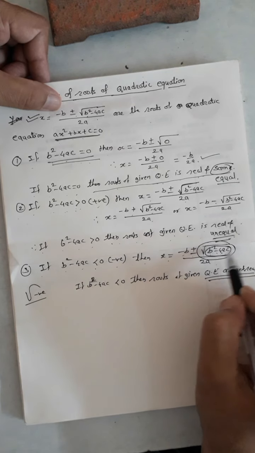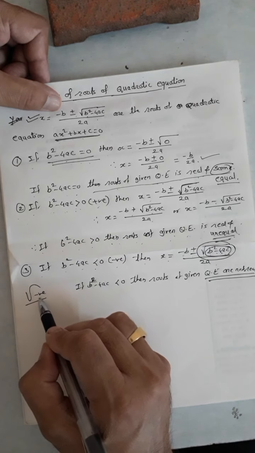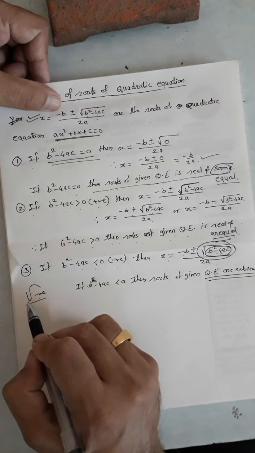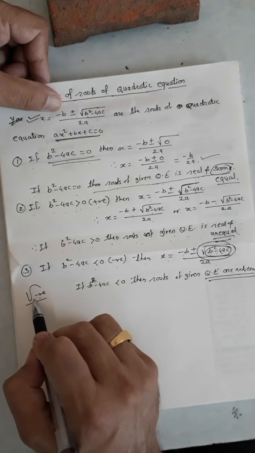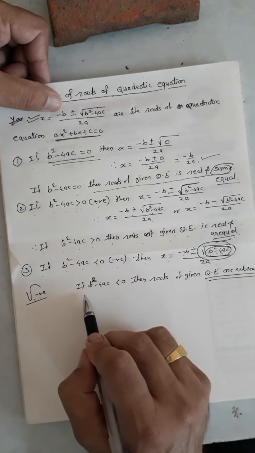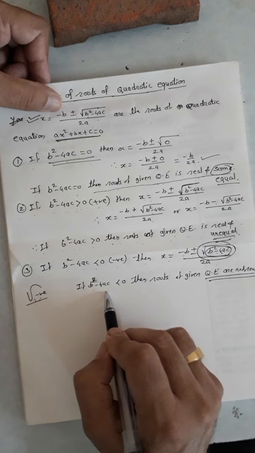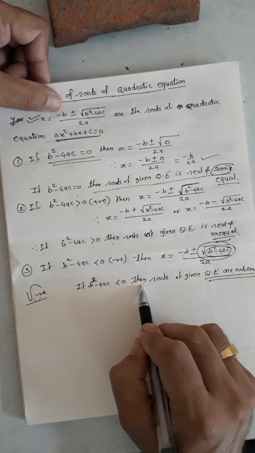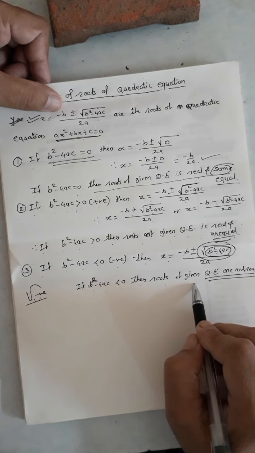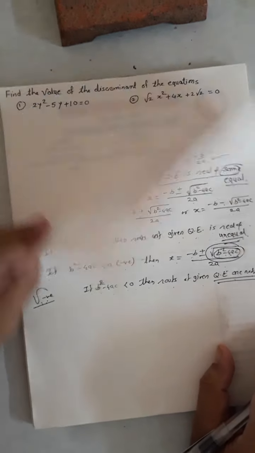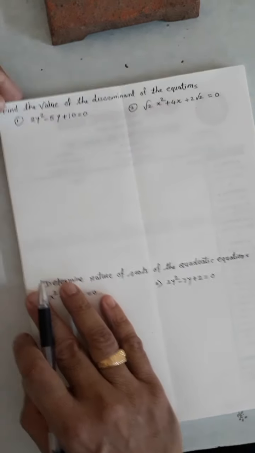Therefore this becomes square root of a negative number, and we are unable to find the square root of such numbers, and hence we say that this is not real. If b square minus 4ac less than 0, then roots of given quadratic equation are not real. Now we are going to see the example on it.